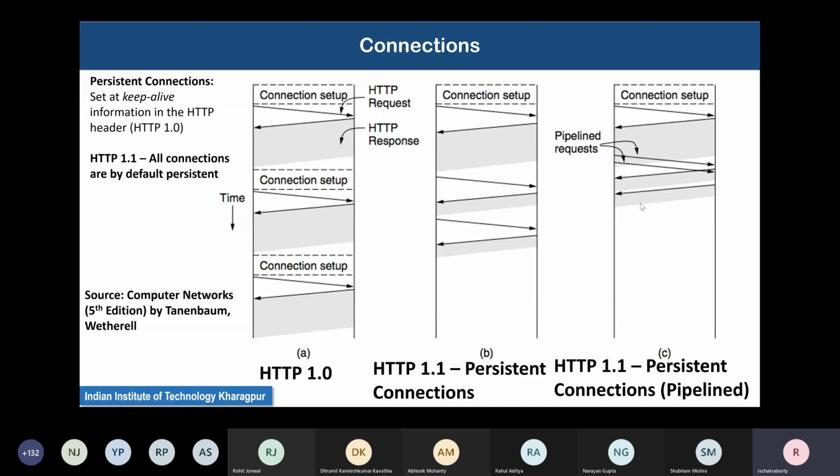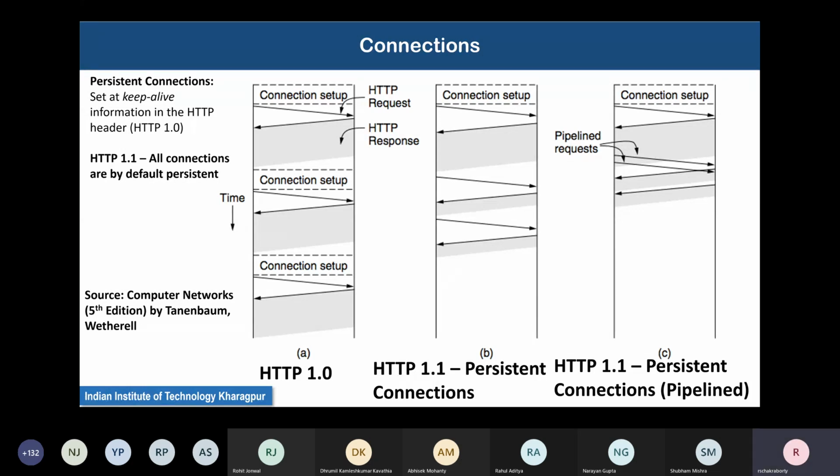Why is this more efficient? Well, if you look at the middle timing diagram, notice that after the first request was fulfilled by the server, when the client sent the second request, in between, in this large white time period, the server was not doing anything.